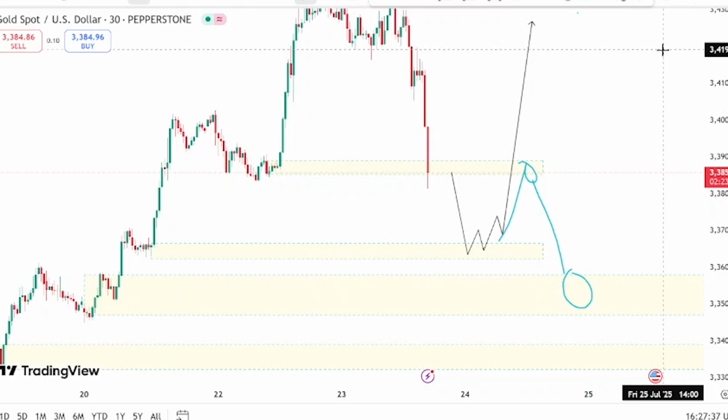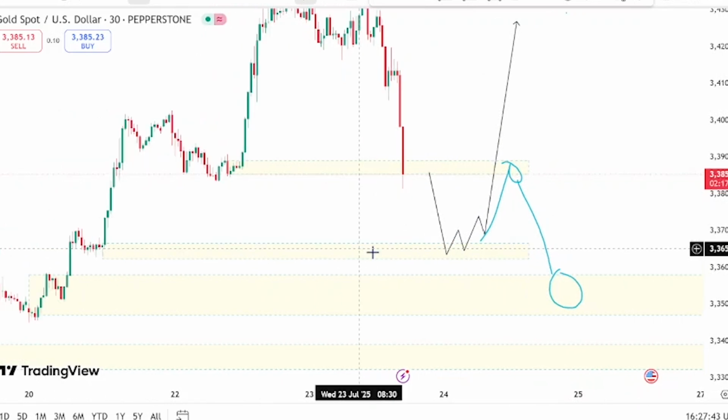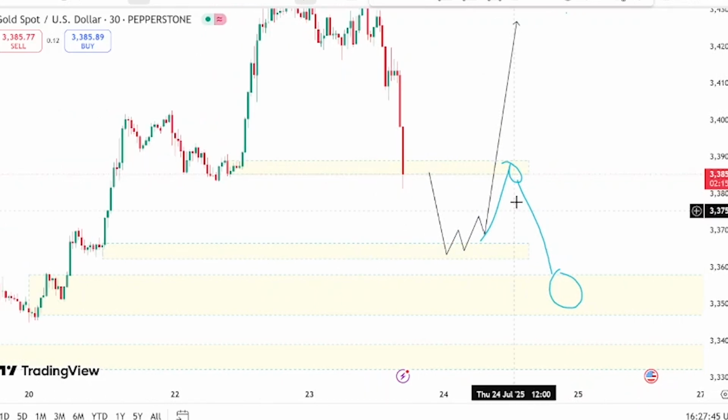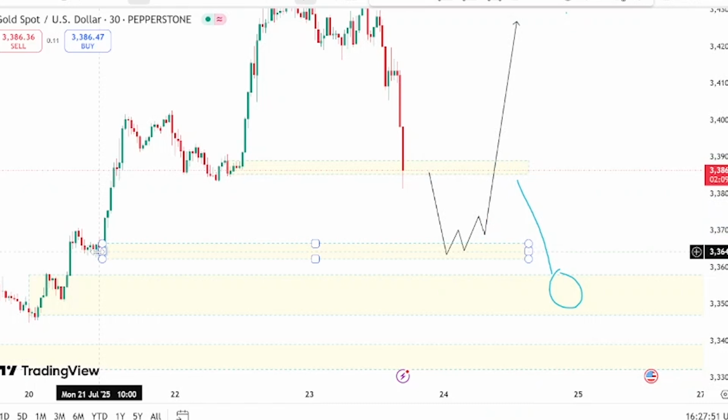So from what I'm seeing now, talking about this strong confirmation, the reason why I'm saying that you need a strong confirmation to buy from this area is that if we get this low, we don't need to see a bearish candlestick from this area.